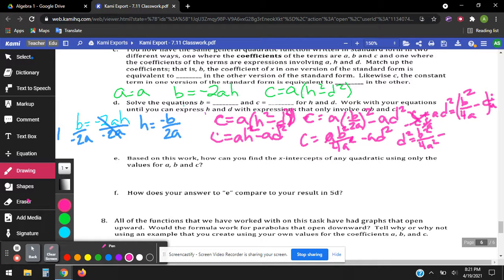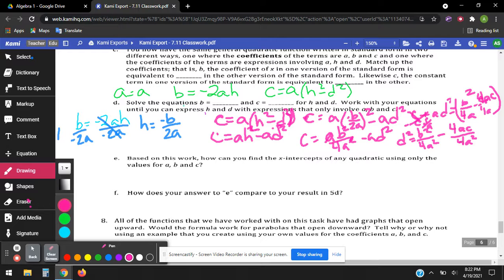Oh, to be able to subtract the c, let me back up just a tad. I forgot a step. To be able to subtract the c, I have to put it over 4a. So 4ac. I have to subtract that. And so then when I multiply times the 1 over a, I multiplied 4ac over 4a, and then I square that.